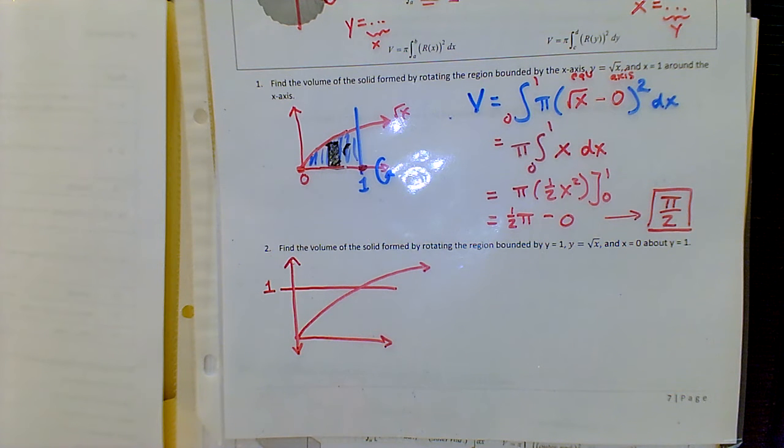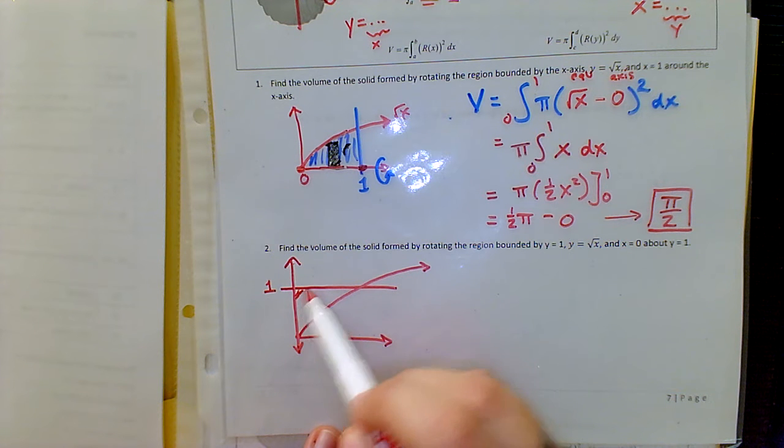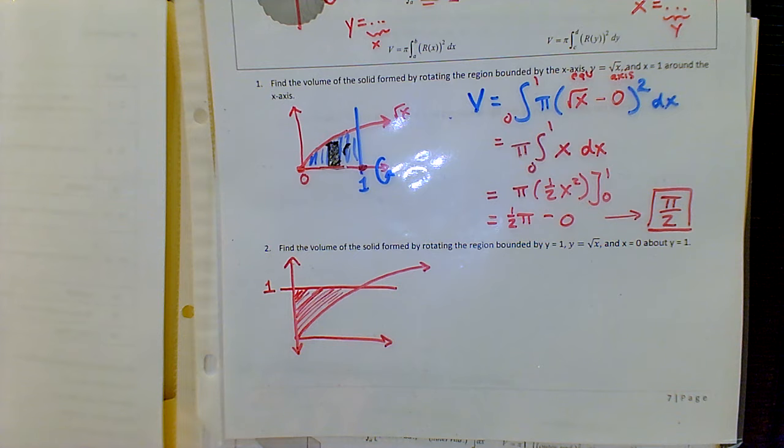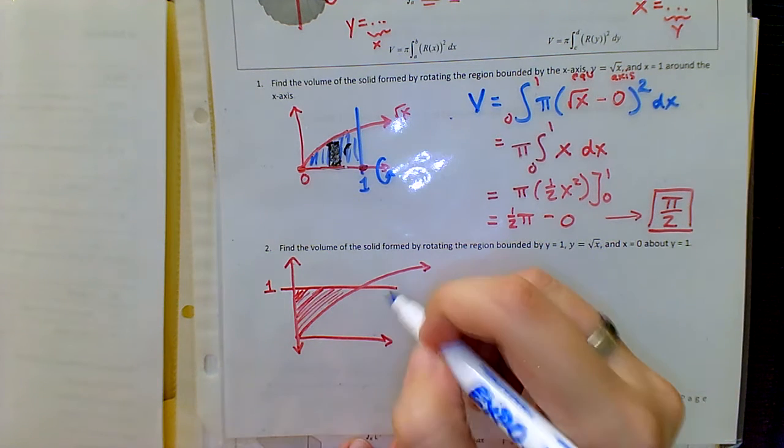So if you were to shade the region that borders all of those different equations, we would have this kind of triangular shape in there. This time, though, we're rotating it about the line y equals 1, which we already graphed.